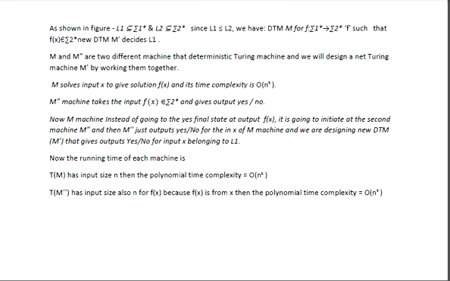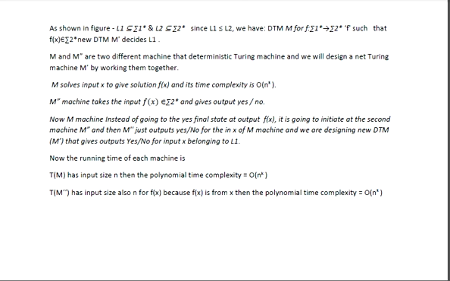For this case, Tm has input n, and the polynomial time complexity is order of n to the power k. Tm double prime has the input f of x, because f of x comes from x, and it also has a time complexity polynomial in n.